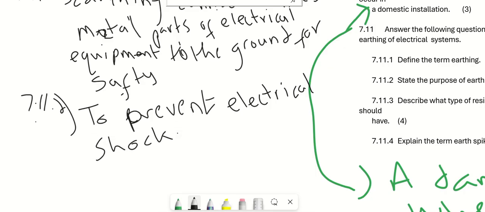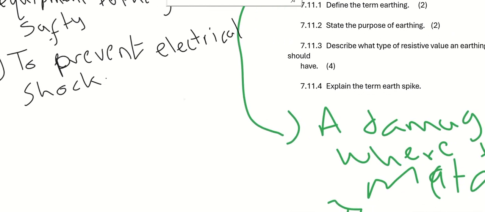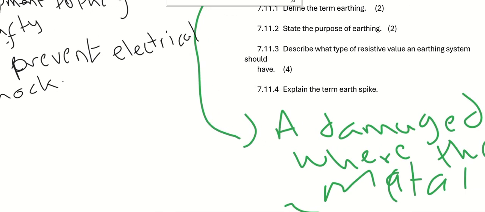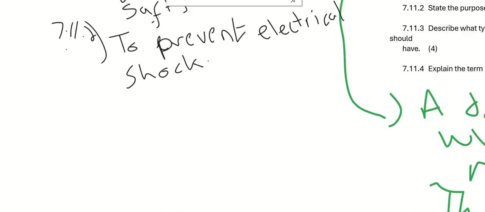7.11.3: describe the type of resistive value an earthing system should have. This one is just so easy.